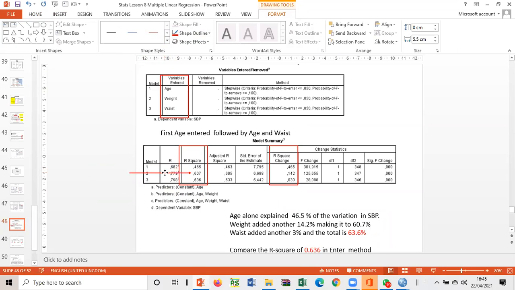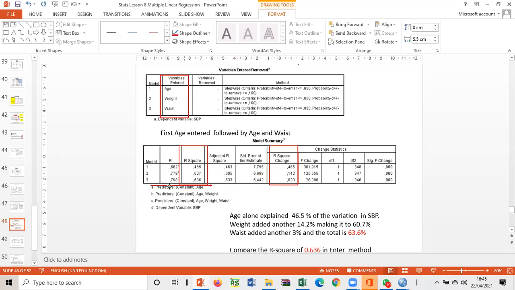Age and weight, 60%. How much increment here? 14.2. Okay, look at this column here. Age alone, 46.5%. And you bring in weight, there's an additional increase of 14%. So that's why you have the total this much.